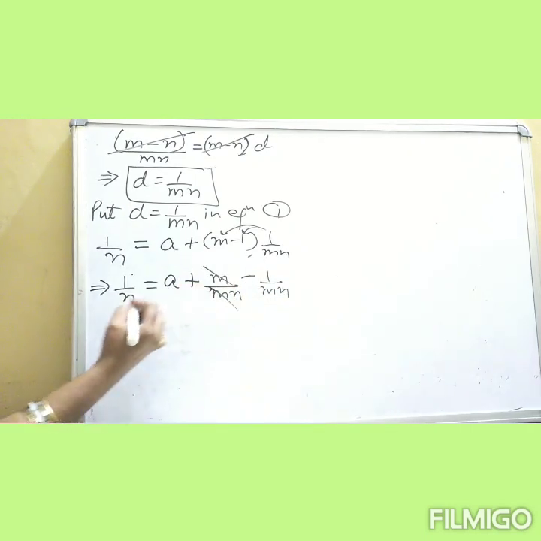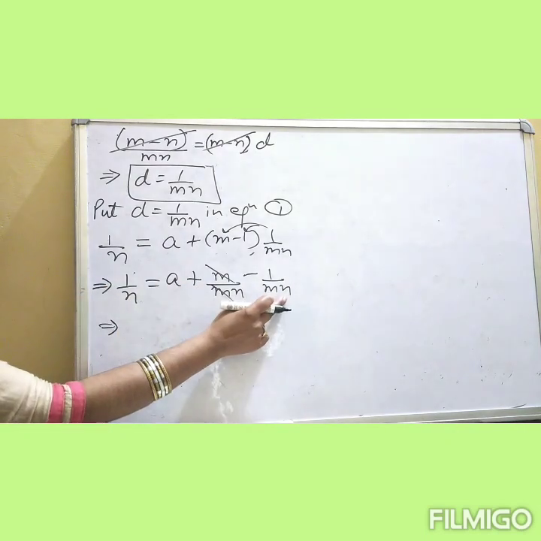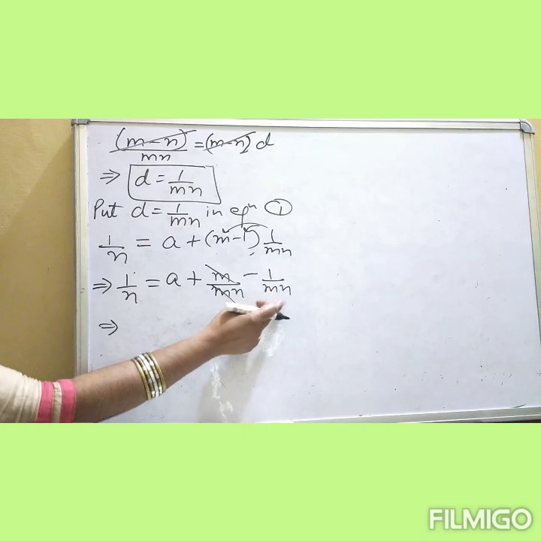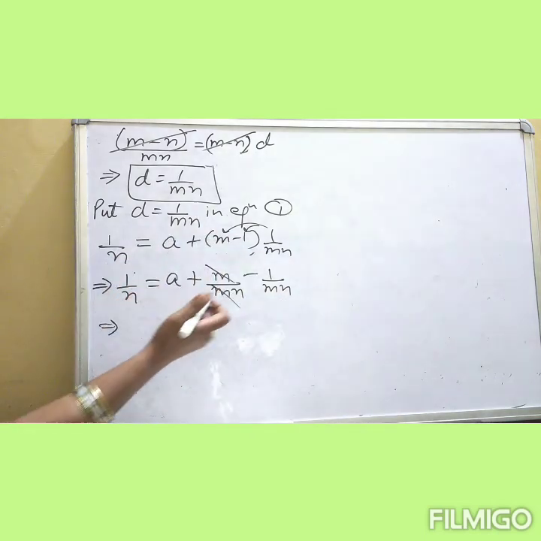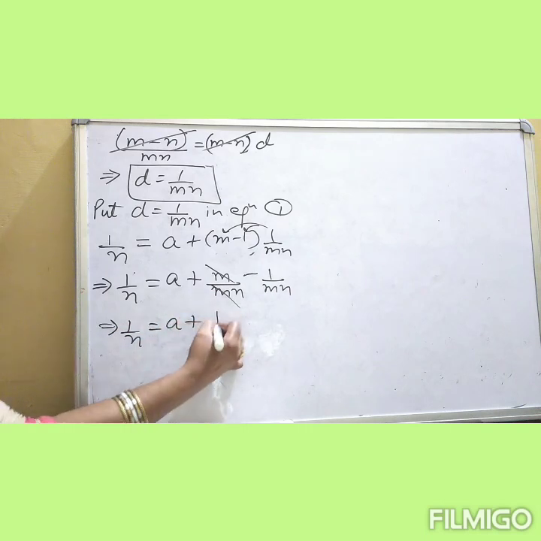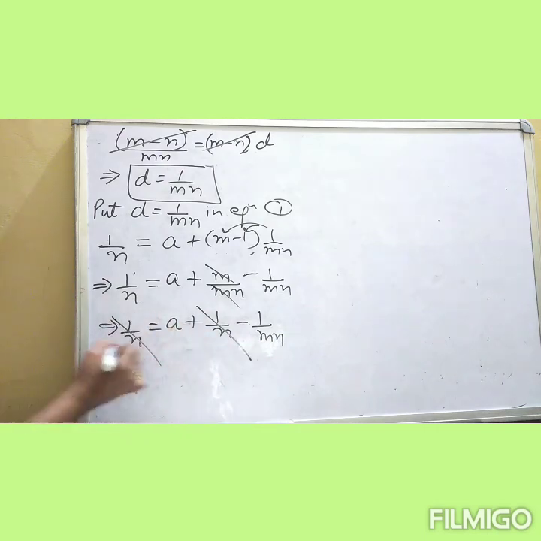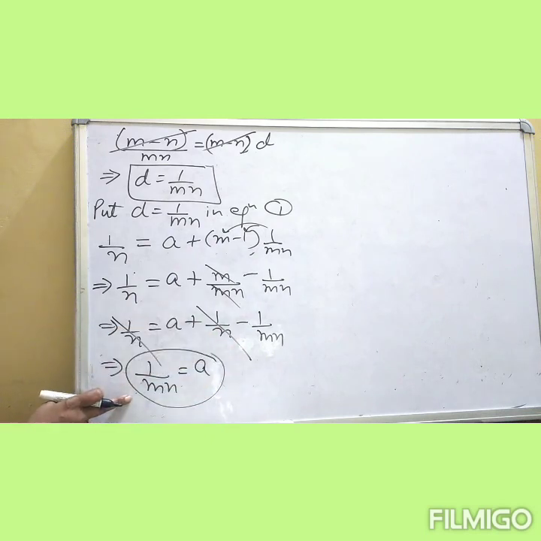Now I'm taking this 1 by mn to the other side: 1 by n is a plus 1 by n minus 1 by mn. This will cancel out, right? And we'll get 1 by mn equal to a. So the value of a is the same as the value of d. Both are equal to 1 by mn.